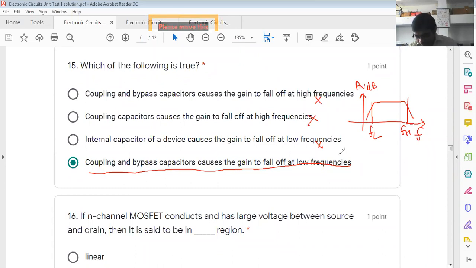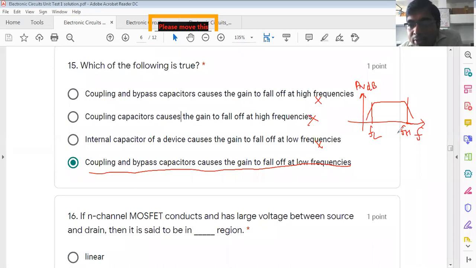So we know that FL depends upon two kinds of capacitors. One is the coupling capacitor, connected at the input and output terminals. Another is the bypass capacitor, connected across the RS. So the correct answer is that the coupling and bypass capacitors cause the gain to fall off at low frequency.